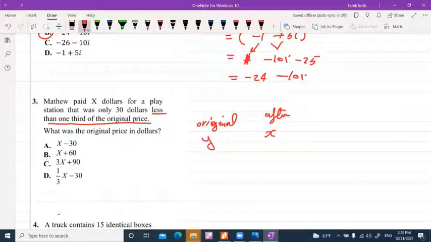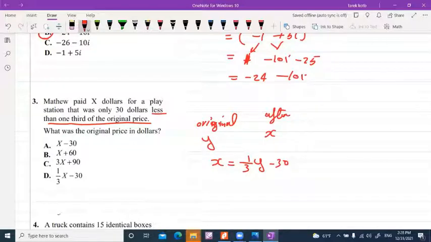He paid the amount after that was only $30 less than the 1/3 original. 1/3 the original minus 30 equals the new price. This is the equation. How can you solve this equation?